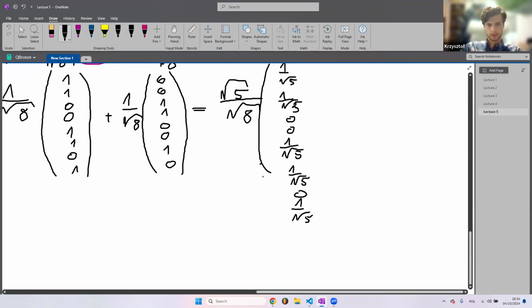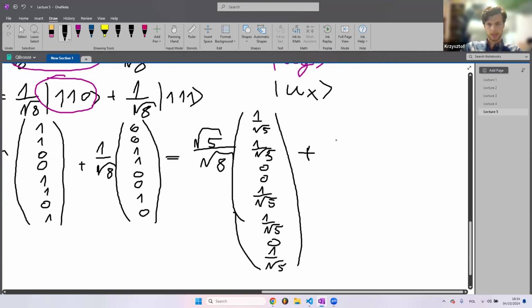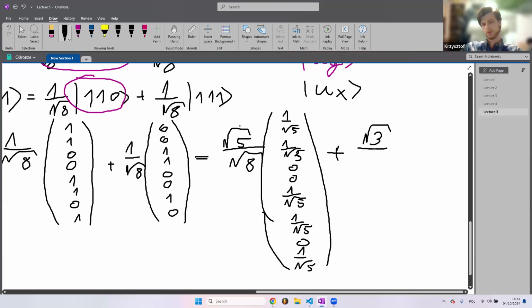This vector gets really long, but I hope you get the idea. And here we have 3 elements, so I will take the square root of 3 in front of this bracket. You can also verify that the coefficients stay the same: if I multiply this vector by square root of 5, we get back the original vector.